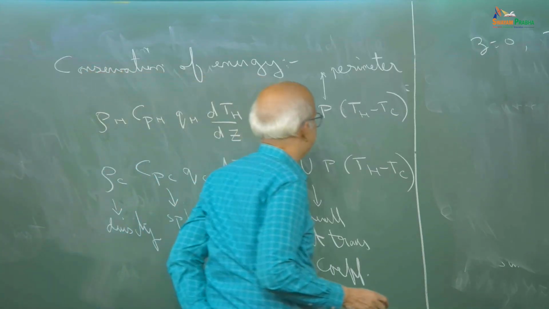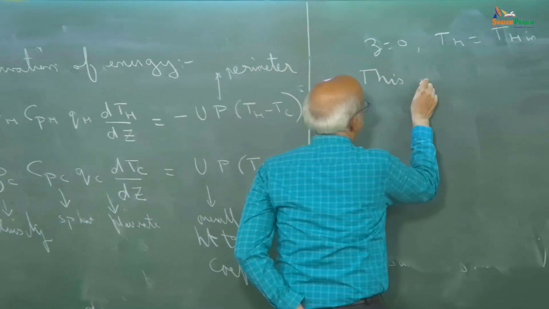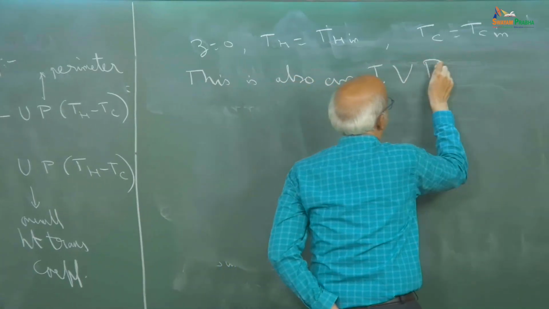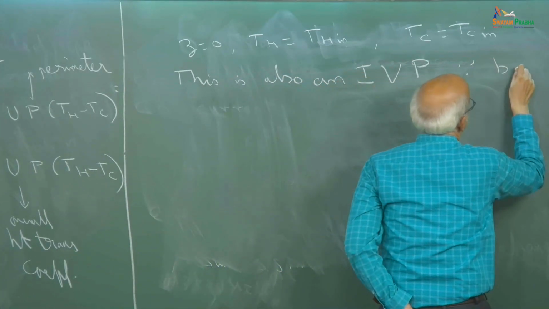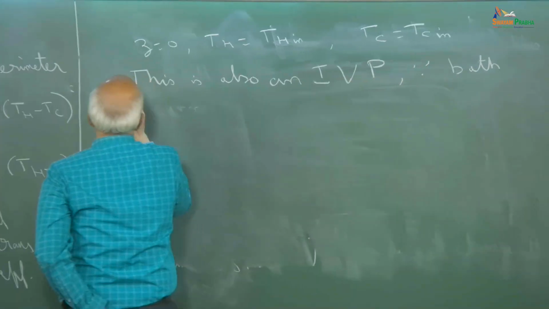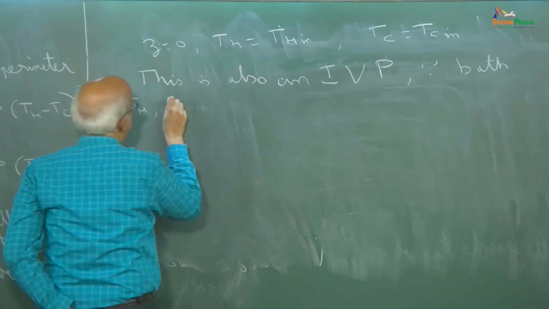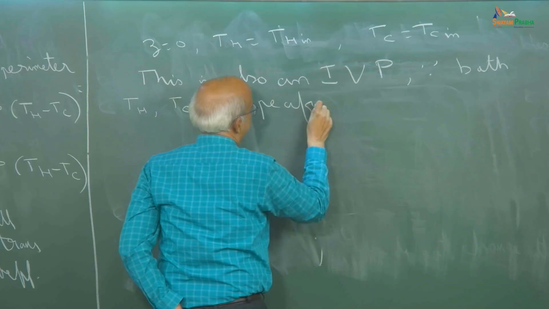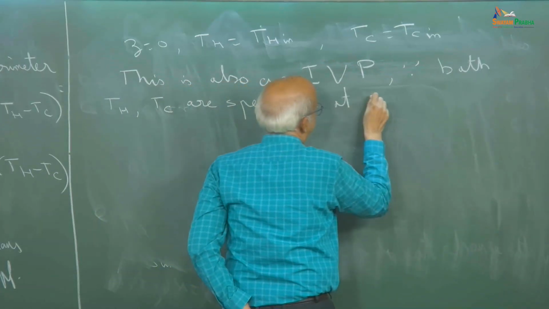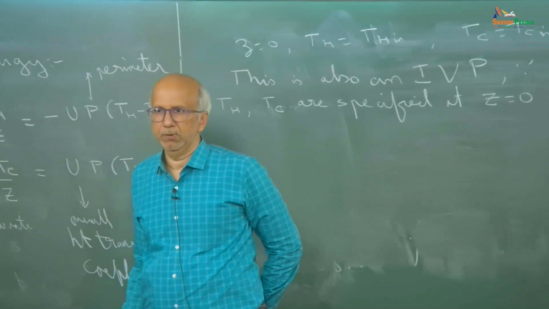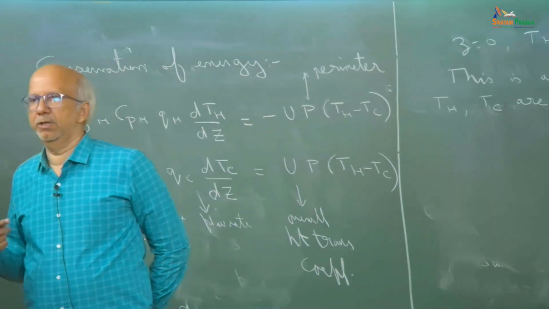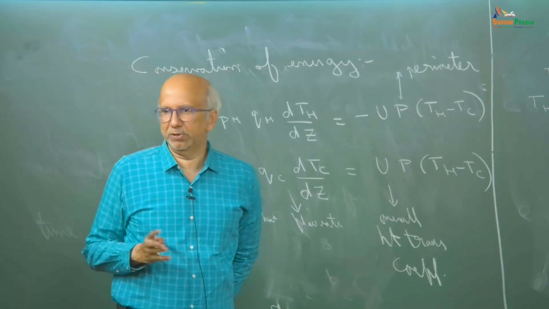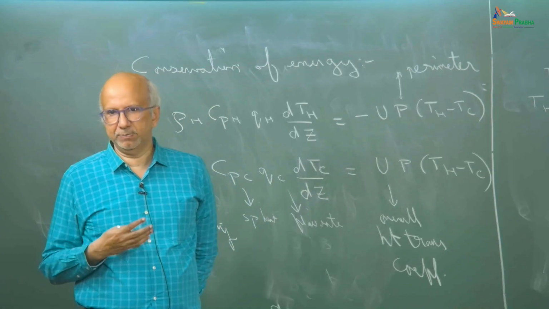So, this is also an initial value problem, since both Th and Tc are specified at Z equal to 0. Although initial normally means you think in terms of time, it has nothing to do with time, it has to do with the fact that all the things are specified at the same point.